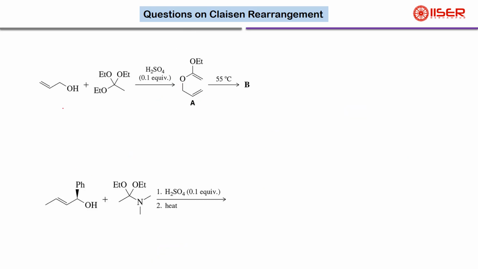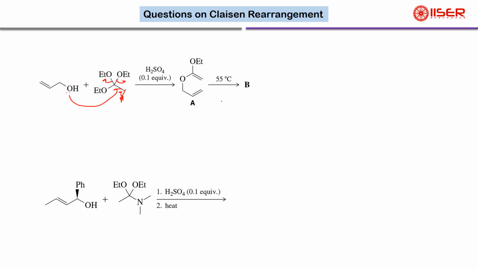Next is this one. This is an example of Johnson-Claisen reaction, which we have already discussed. It will first undergo a transesterification. It will go here and remove one of the OEt groups. Then this H will be eliminated and remove another molecule of OEt group, forming this as our product.